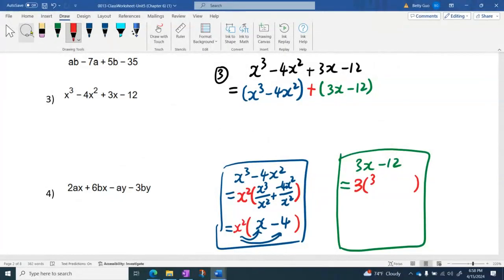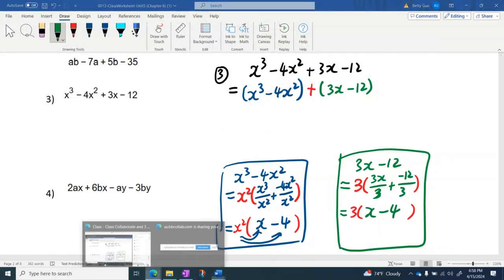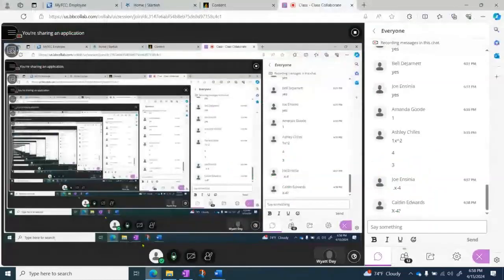We have 3x, original term 1 over GCF, original term 2 over GCF. And we keep 3 here. 3x over 3 is x. Then negative 12 over 3, minus 4. Okay? You see that? Yeah. Correct, Kaylin.